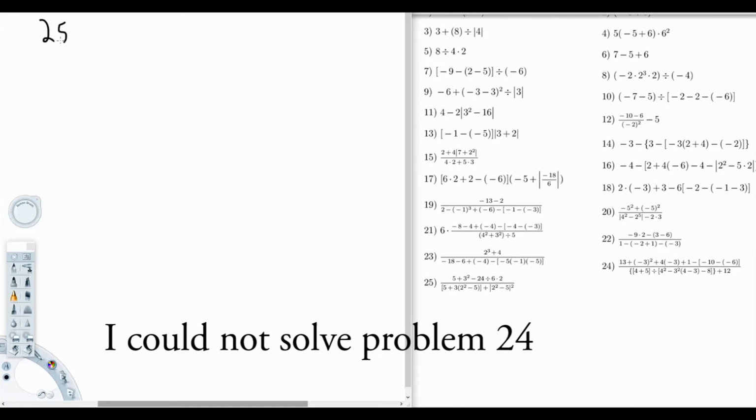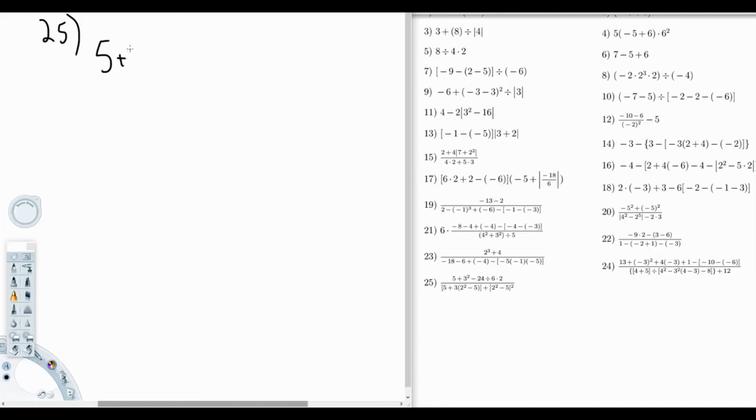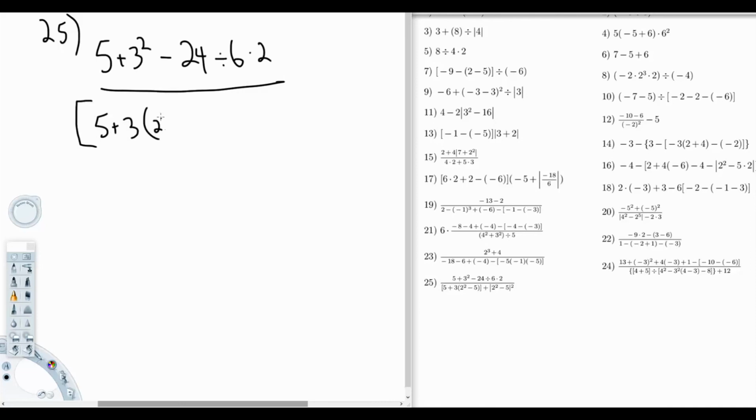Number 25. 5 plus 3 over 2 minus 24 divided by 6 times 2, over 5 plus 3 multiplied by 2 squared minus 5 plus absolute value of 2 minus 2 squared minus 5.